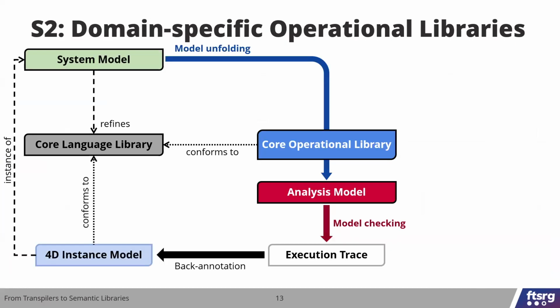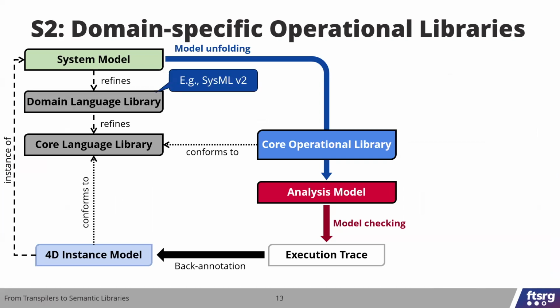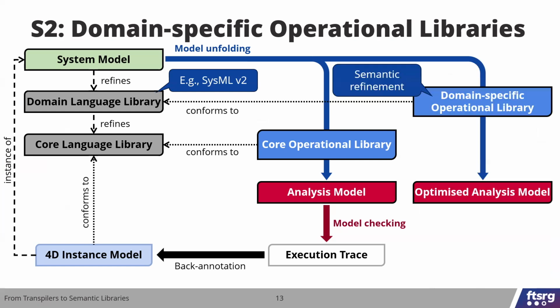So our proposed solution to that is to exploit that our operational library is part of the original ontology. These languages usually have some domain-specific libraries. So, for example, SysML v2 builds on top of the Caramel core layer, and then we create a new refining operational library that is conformant to the domain-specific library and refines our original core operational library.